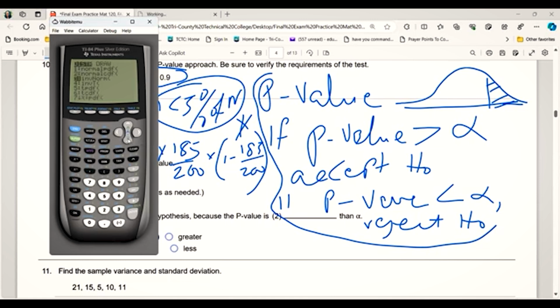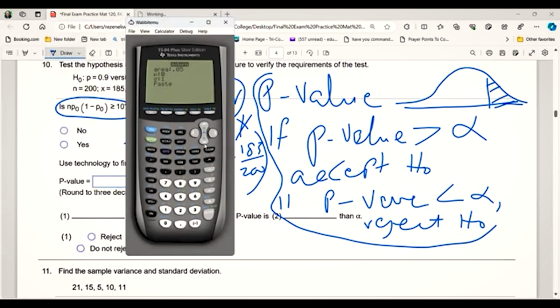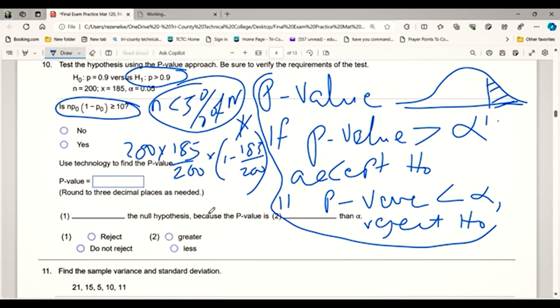So inverse norm of 0.05, with the mean of a standard normal and the standard deviation. The normal curve is symmetrical, therefore the critical value for the right tail is 1.64.